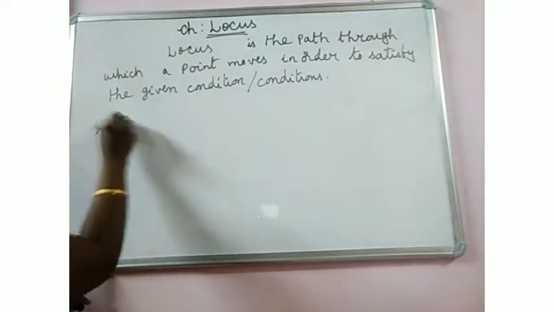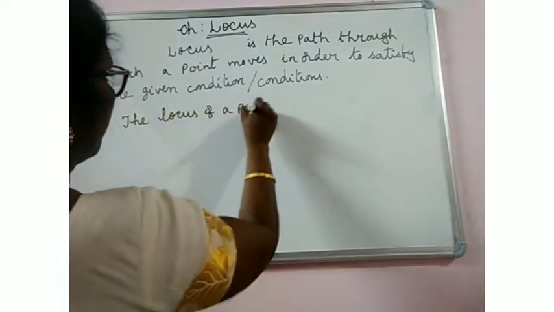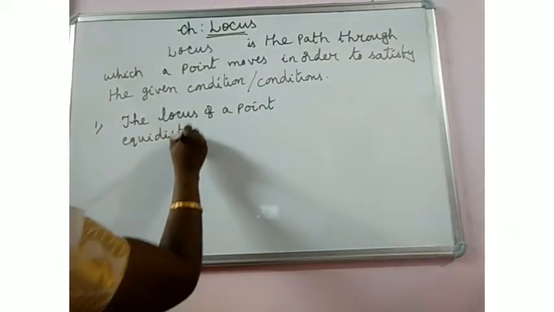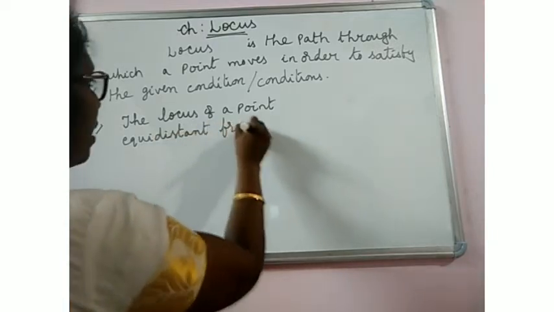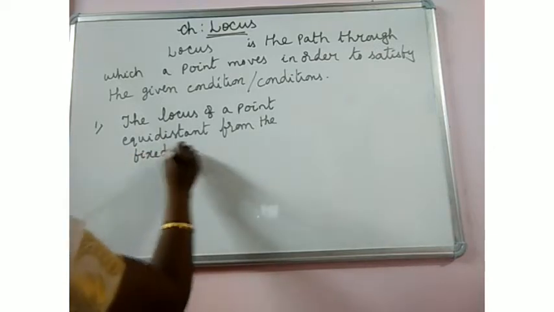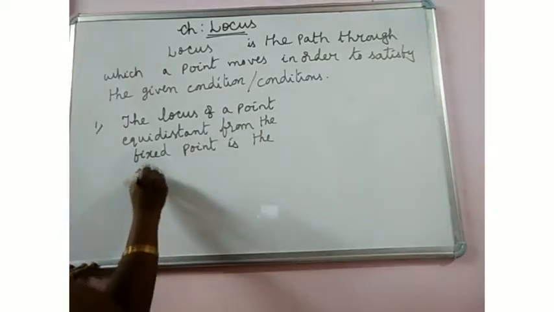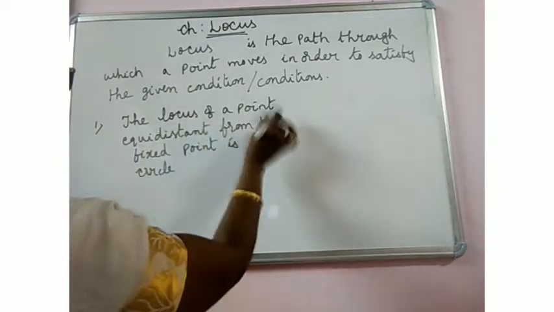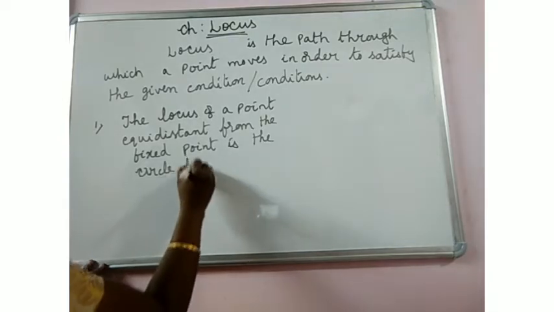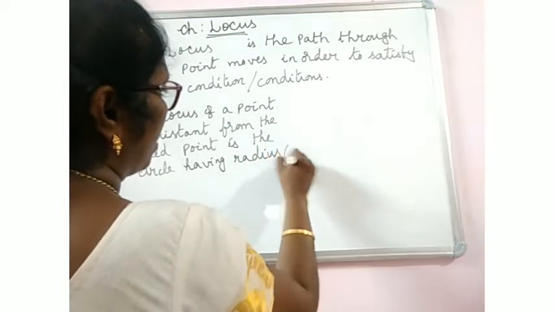Okay? 1. The locus of a point equidistant from the given fixed point is the circle. The locus of a point equidistant from the fixed point is the circle having radius r.